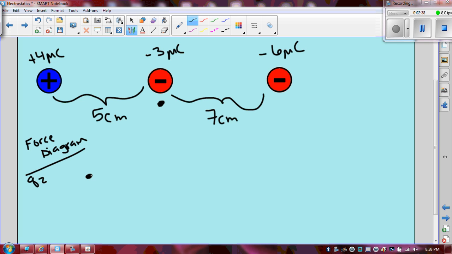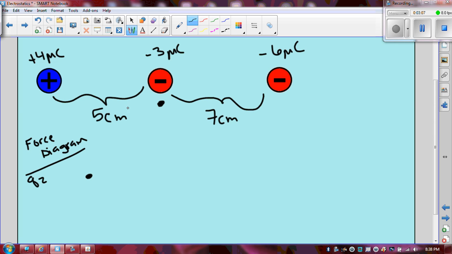What I first want to do is I want to analyze what is the attraction or repulsion or whatever. What's the force going on between these two charges? So for just a moment, ignore Q3 over here. Pretend it doesn't even exist. Just look at these two charges. What is the effect of the positive charge on Q2? So in other words, what if Q2 could feel a pull or a push in one direction or the other, what would it be? Well, positives and negatives attract to each other, right?